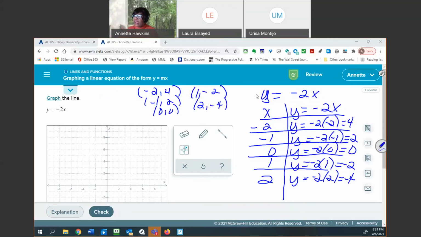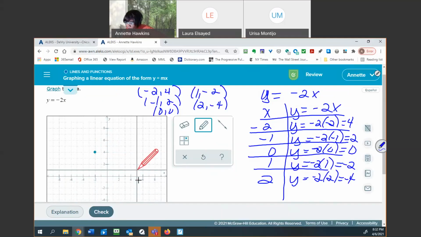So if I were graphing this, I would use one of those negative points and one positive point. Just use two of them. So I will click this. Okay. I will go to negative 2, 4. This is negative 2. This is 4. Then I would go to 2, negative 4.